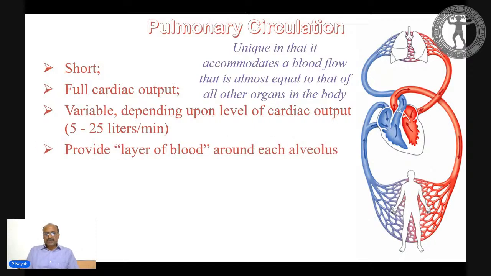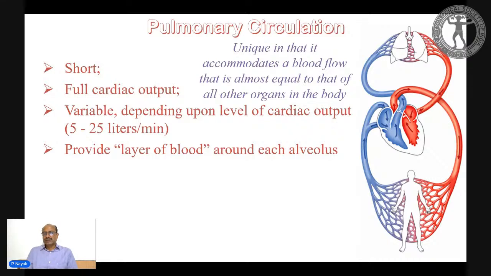Another important point we have already discussed: it provides a layer of blood around each alveolus so that the alveolo-capillary membrane can do the job within 0.3 second. When the blood flow is increased up to 25 liters, we have only 0.3 second left.